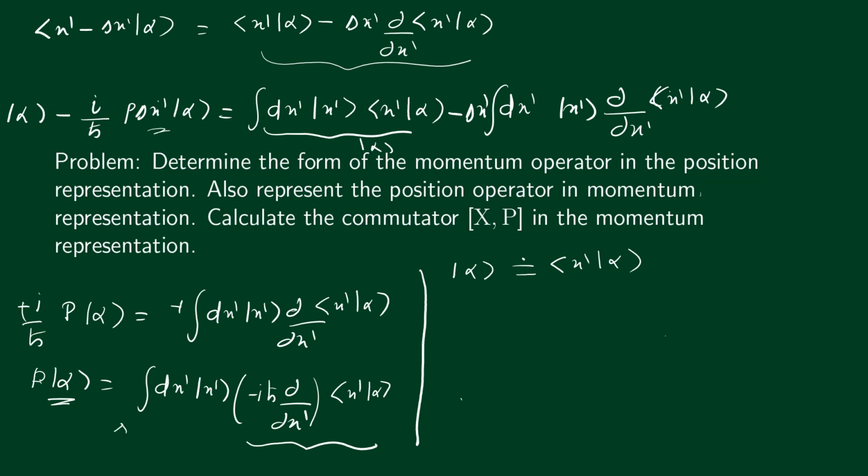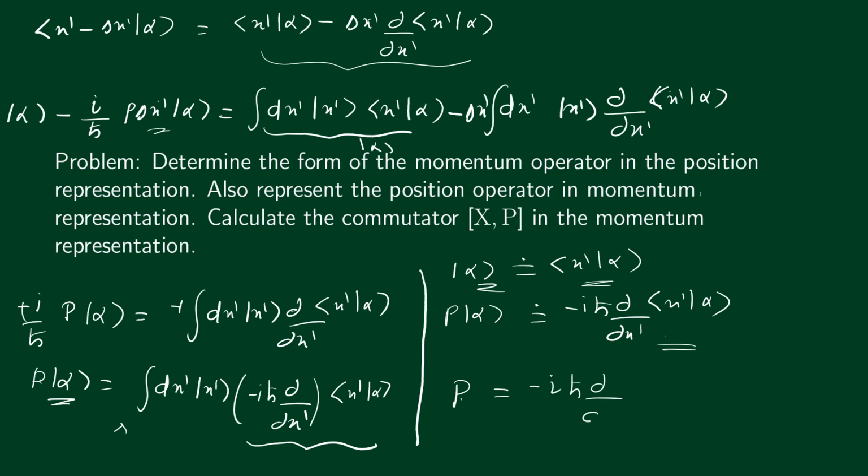Looking at this equation, p acting on ket alpha is represented by minus i h bar partial derivative with respect to x prime of bra x prime ket alpha. So alpha is represented by this, and p acting on ket alpha is written like this, which means that the momentum operator can be represented in the position basis as minus i h bar partial derivative with respect to x prime.